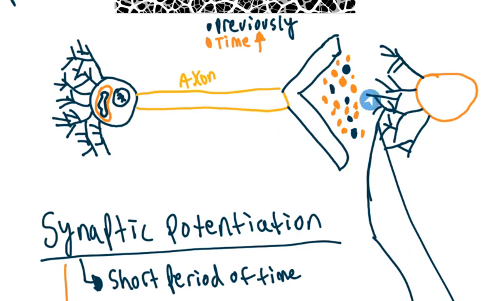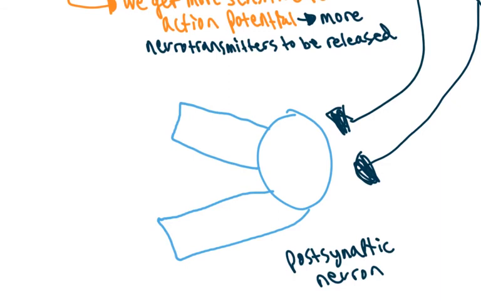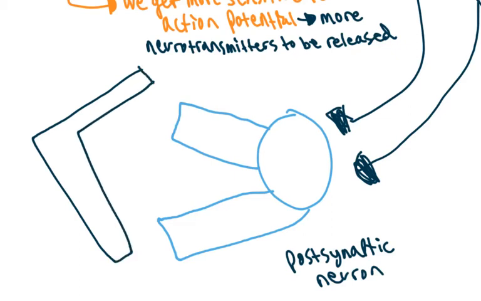And let's zoom into the synapse, in the synaptic cleft. So we have our axon coming down here, and then we end with our synaptic bulb and our synaptic cleft, our synapse as a whole. And so what's going to happen here, right? Previously we already mentioned one type of synaptic potentiation is that we'll have much more neurotransmitters here for every action potential. Now another type of synaptic potentiation is as you keep on continuing to use a specific neuronal pathway, continue to fire action potentials down this pathway.